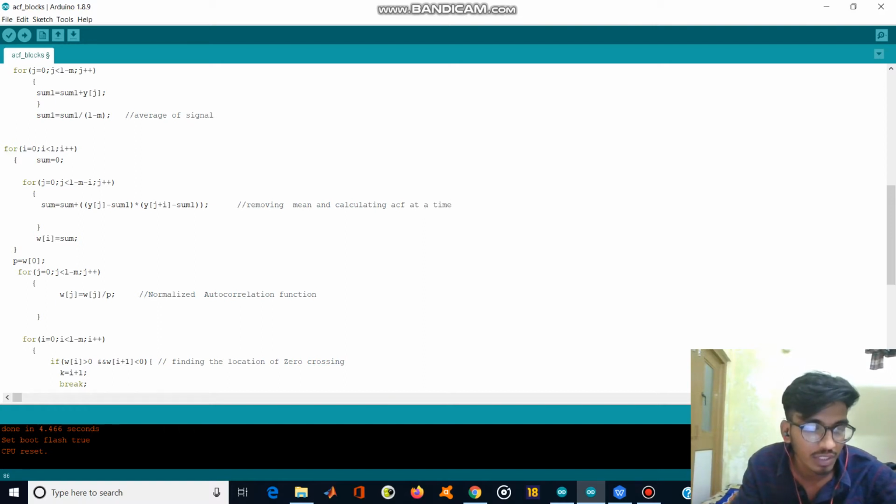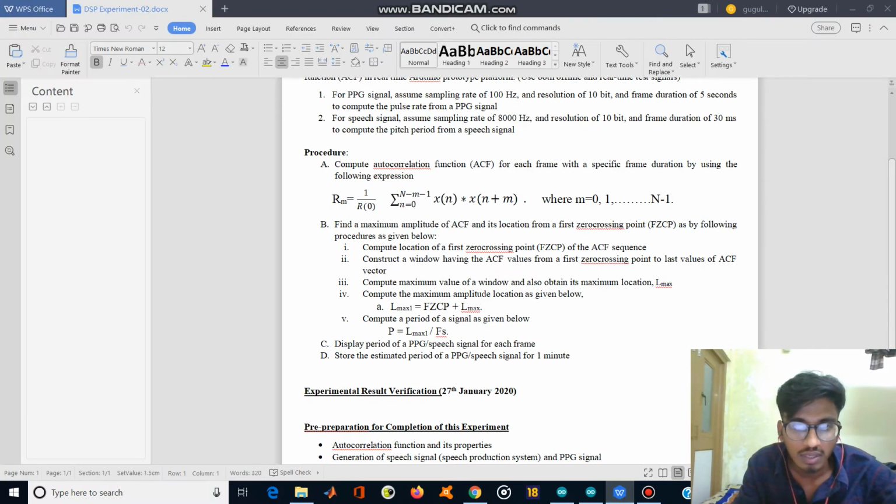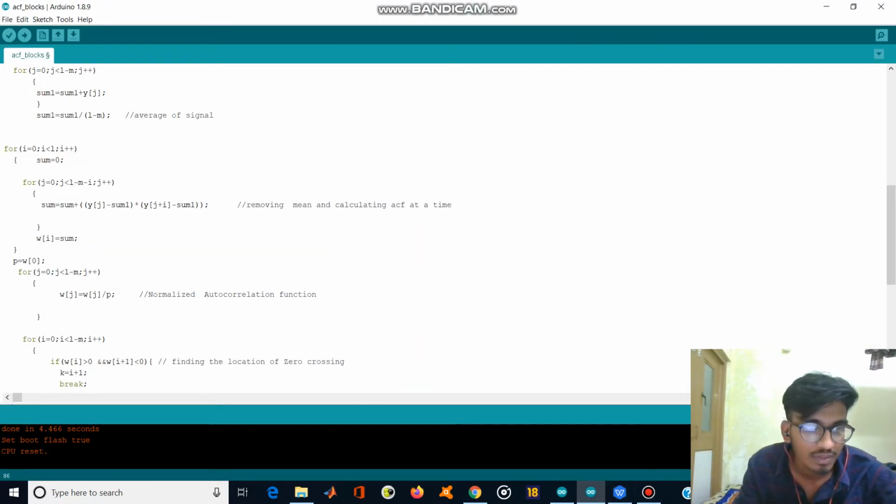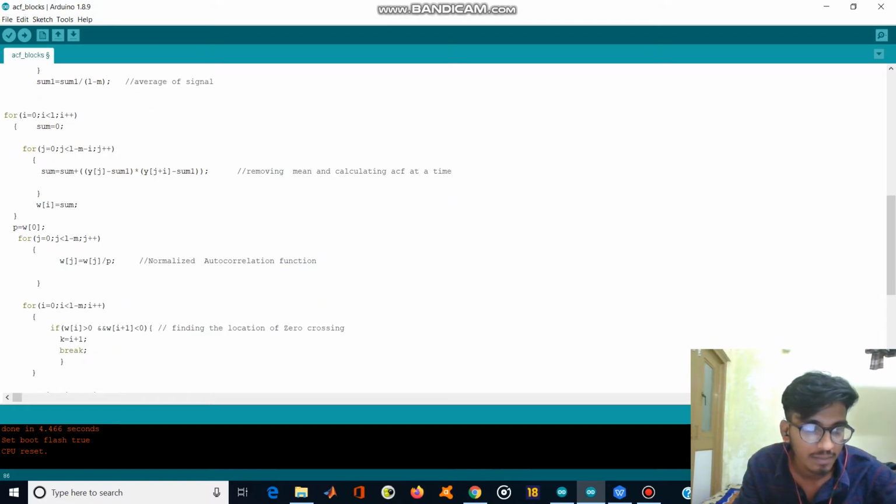If you see the standard expression of autocorrelation, R(m) equals 1 by R(0) summation n equals 0 to N minus m minus 1, that expression is the normalized autocorrelation function, which I have also written here. Here p is 1 by R(0). Here this is for finding the location of the zero crossing point.